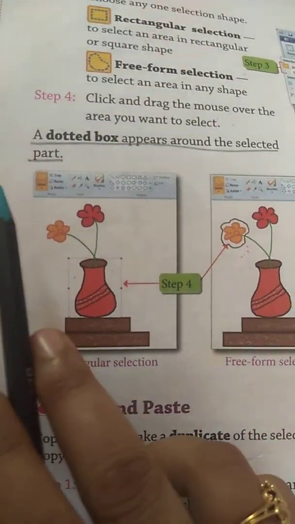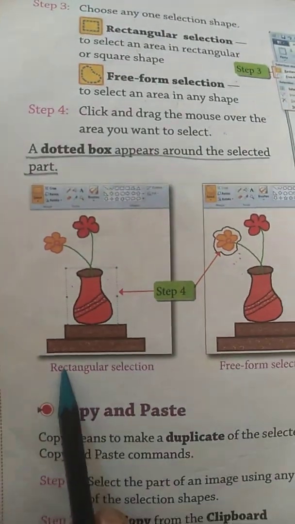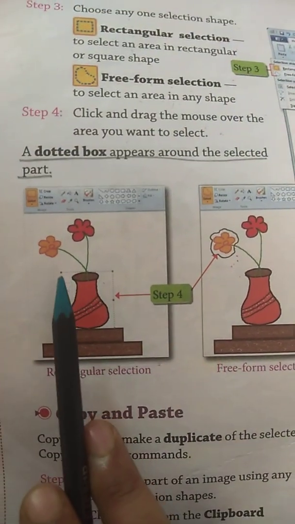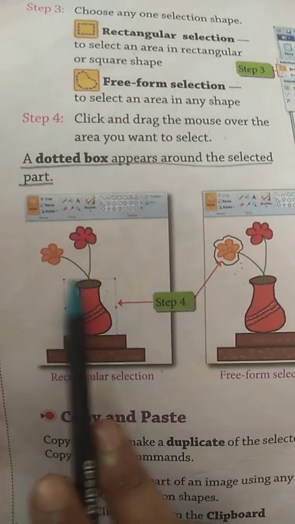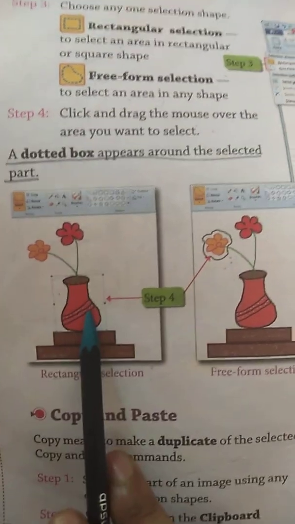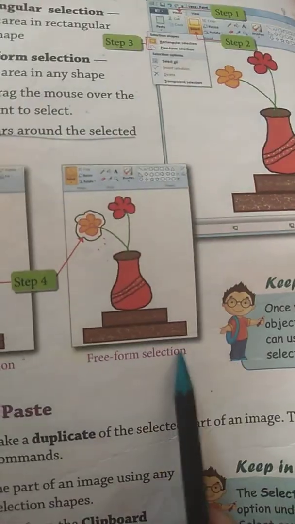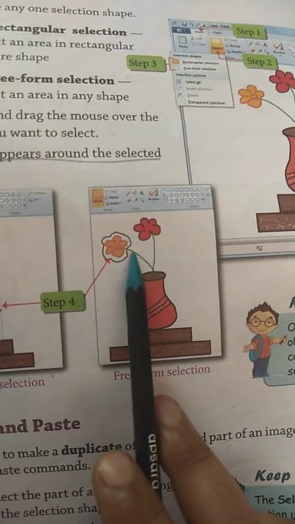See, over here we went to the Home tab, then from Select we selected rectangular selection, and as soon as you click rectangular selection, a rectangular box comes up, and from there you can do the changes. And freeform selection was done with the help of the mouse, and it doesn't have a shape.